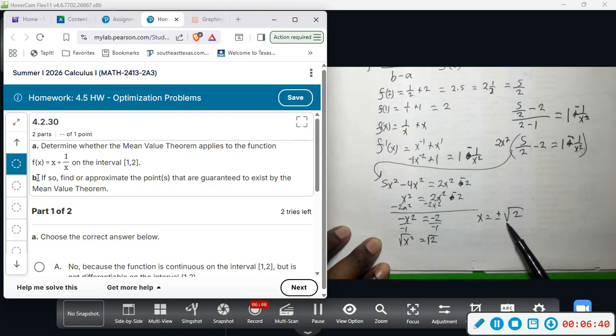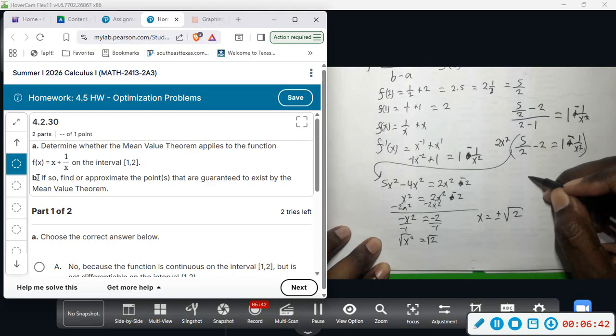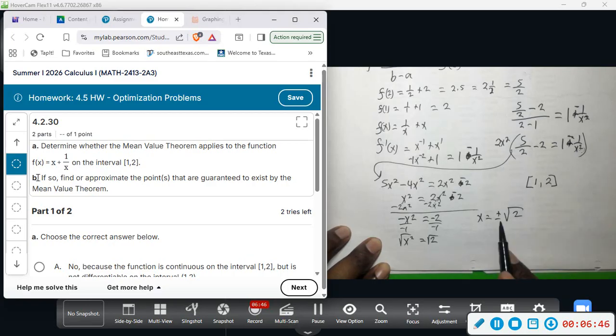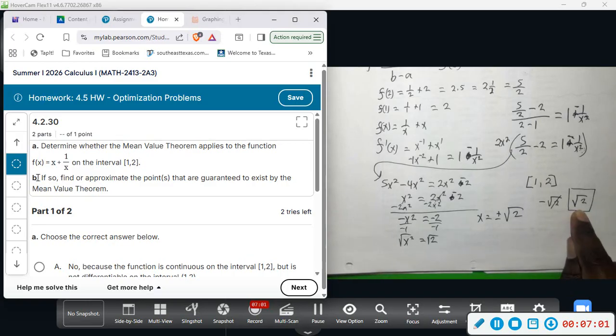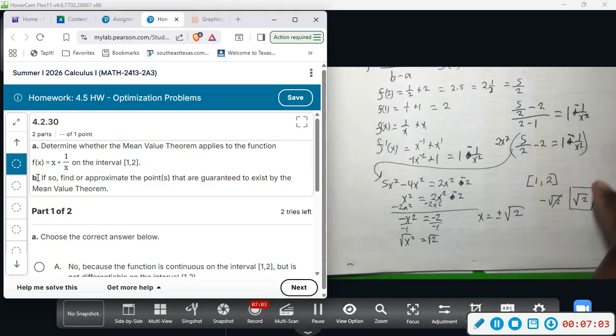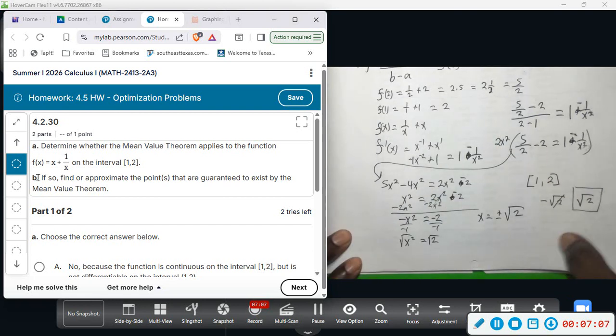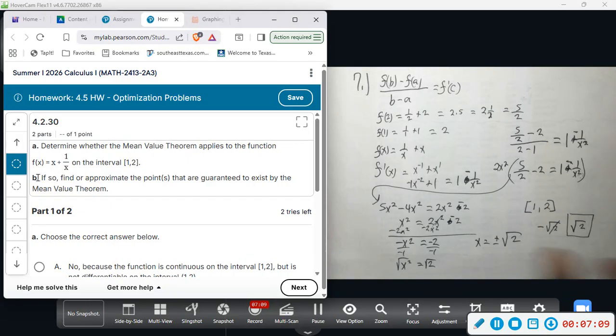We've got to remember we are on the interval positive 1 to positive 2. And so the only solution that would be within there, we will get rid of the negative square root of 2 and only consider the square root of 2. That's about 1 point something. So square root of 2 will be our answer as far as x equals the value that makes the slope equal to that point between 1 and 2. That's the value that we're guaranteed to exist.